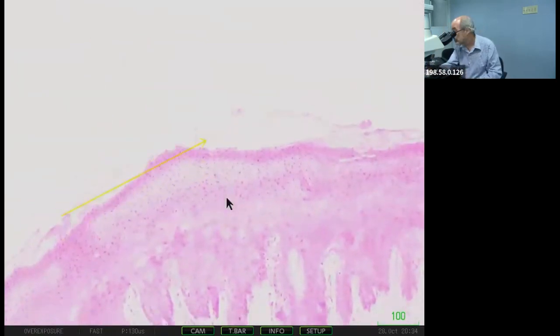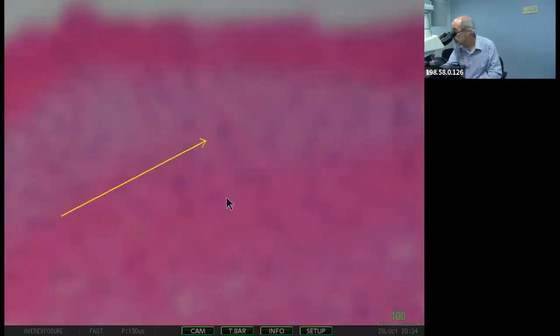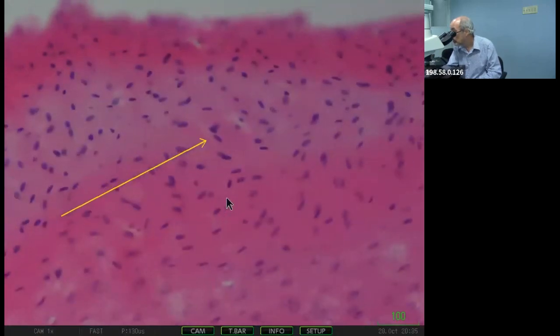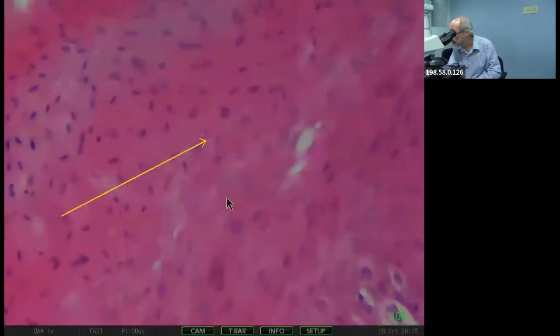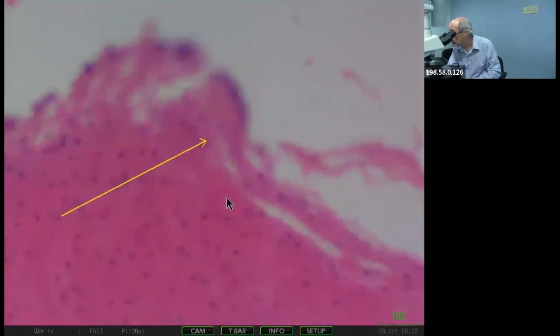Maybe this one. What type of epithelium do you have here? Urothelium?